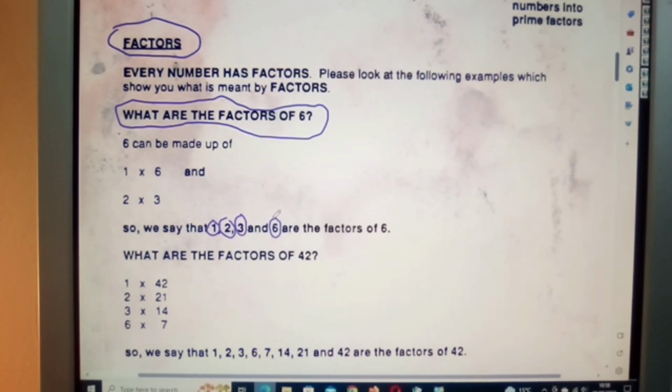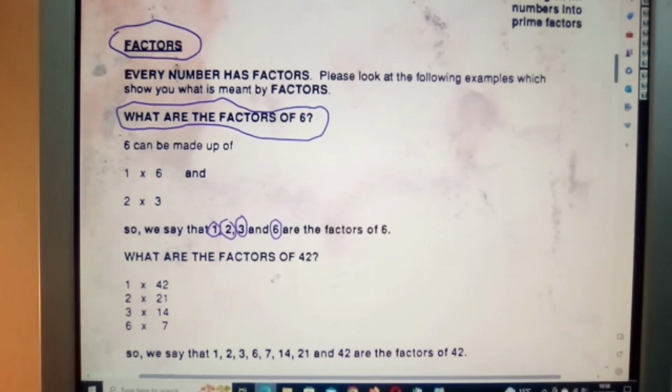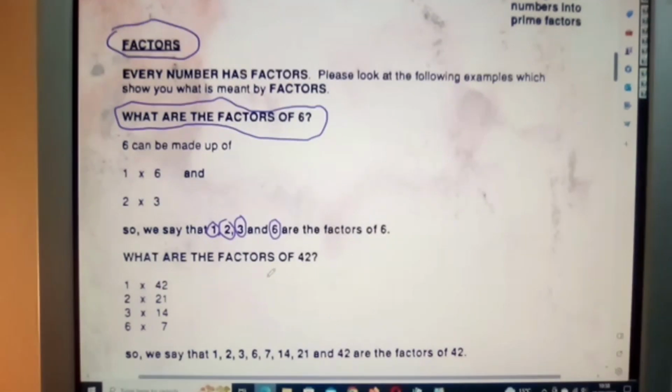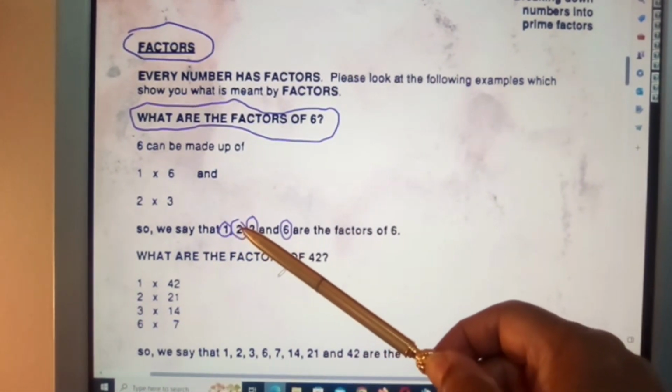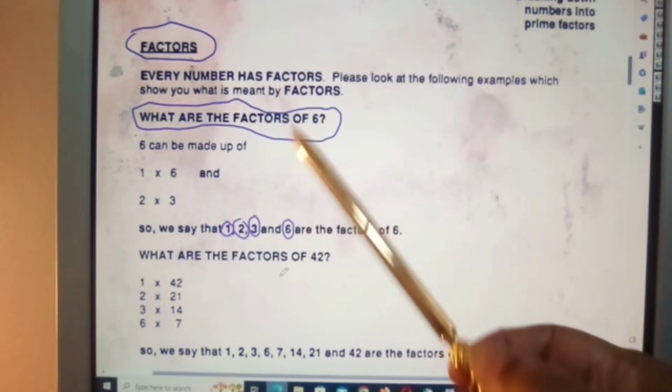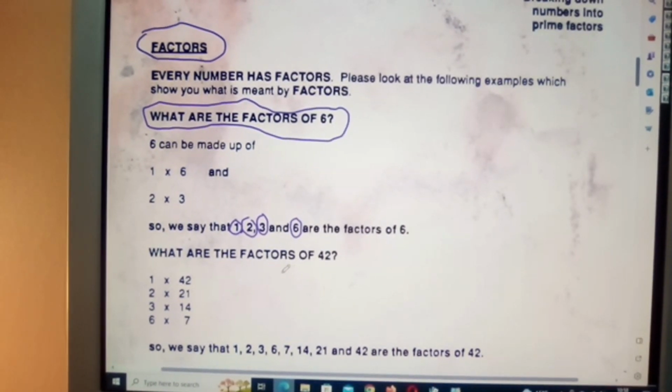Okay, these are the factors of 6. Why are they the factors of 6? Because you can have 6 ones. You can have 2 times 3. 2 3s is 6. 3 plus 3 would be 6, and you can have 6 and itself. Okay.